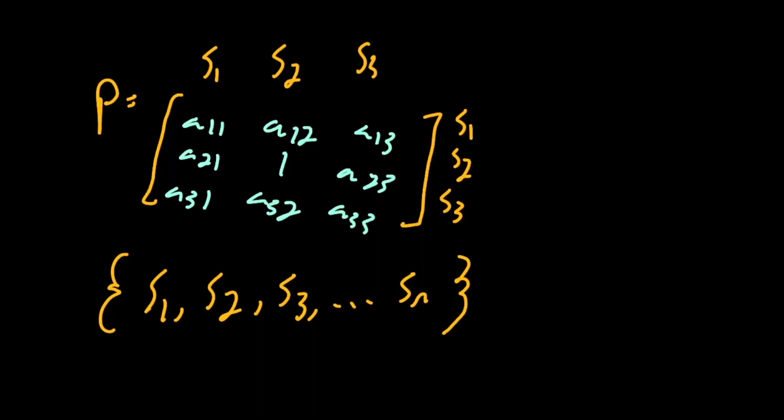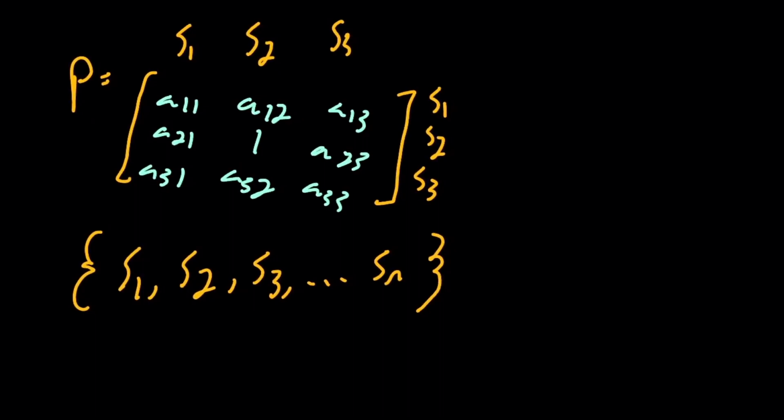That is, the entry on the main diagonal of P is 1, and all other entries within that column of P are 0. Now, there are two properties for an absorbing Markov chain to occur. That is, it has at least one absorbing state, and it's possible to move from a non-absorbing state to an absorbing state in a finite number of transitions.